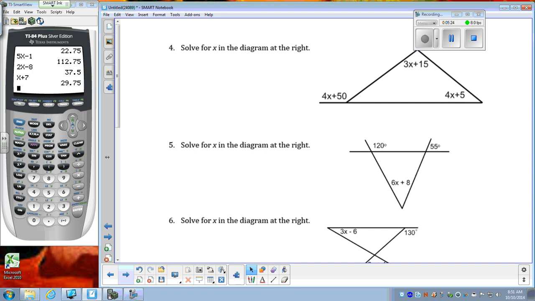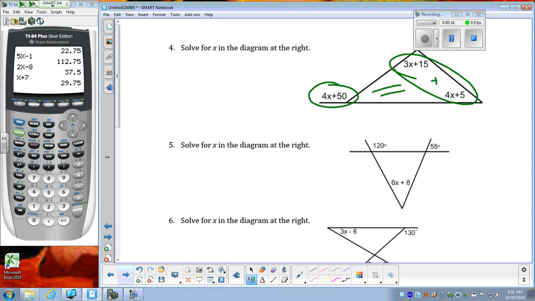Number 4, I need to use that my exterior angle has to equal the sum of my two remote interiors. So 4x plus 50 equals 3x plus 15 plus 4x plus 5.